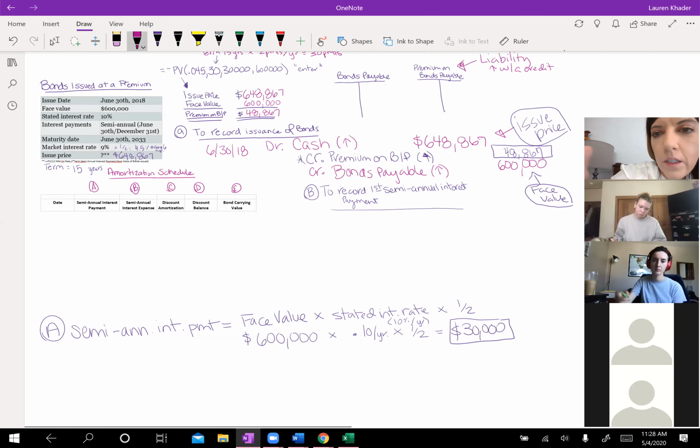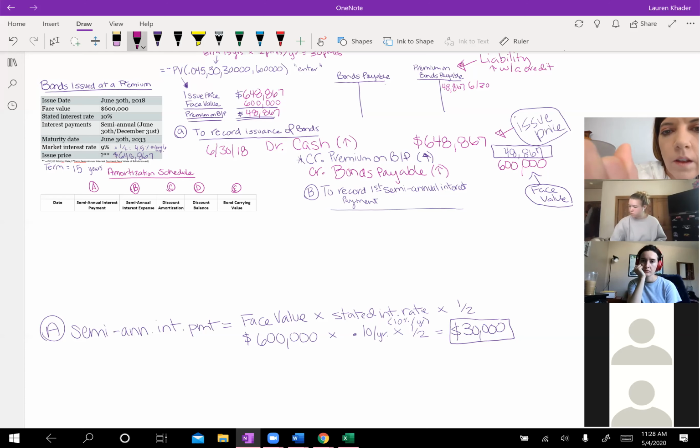So on June 30th, 2018, our premium is going to be $48,867. And in our bonds payable account on the same date, we have 600,000.